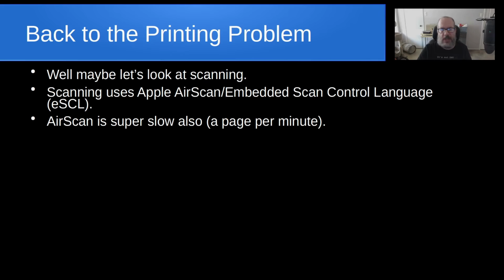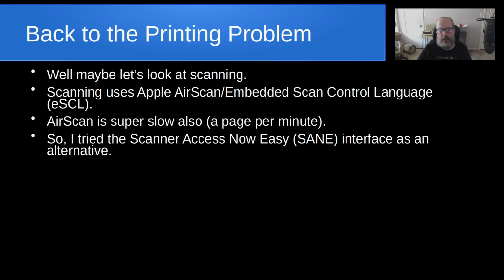And AirScan is super slow also. It's scanning, but it's scanning at the rate of 1 page per minute, which is kind of surprising. And one wonders, if it's a page per minute, why do we even need an automatic document feeder? So I tried the Scanner Access Now Easy, or SANE interface.